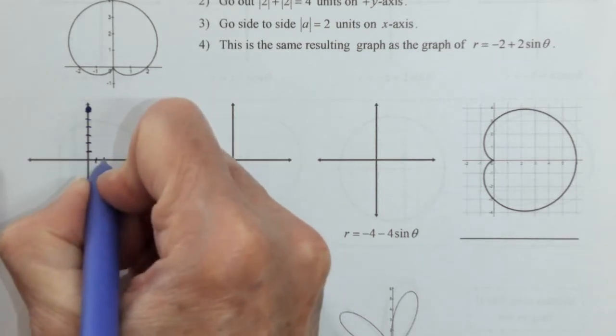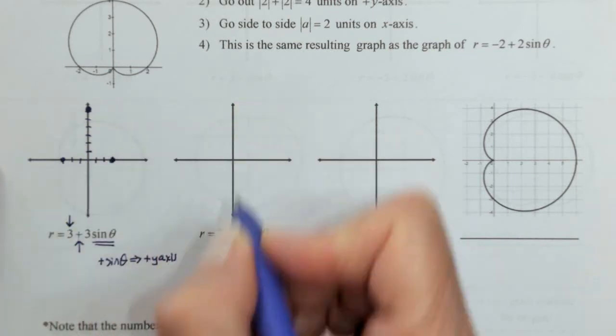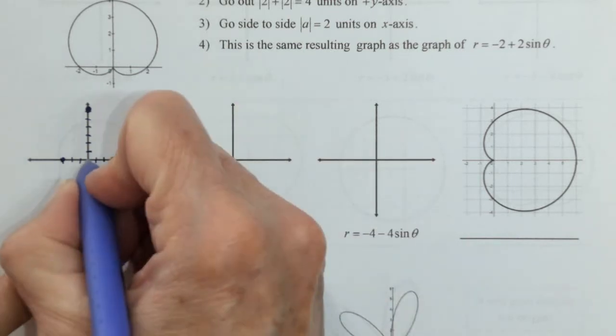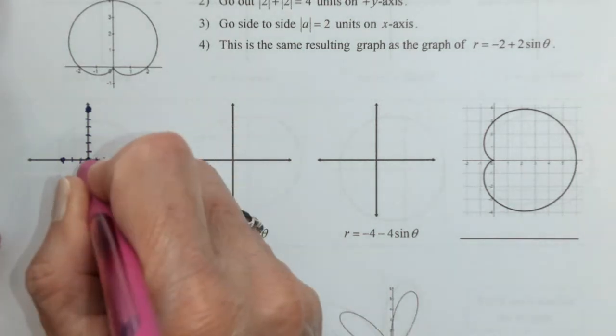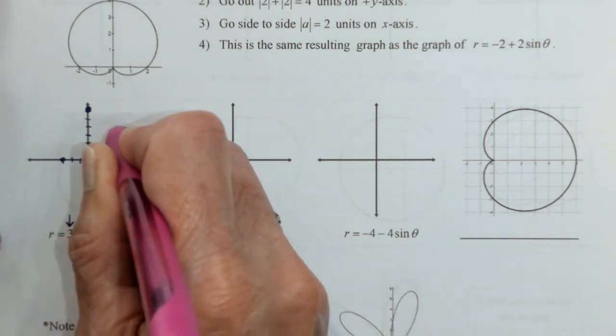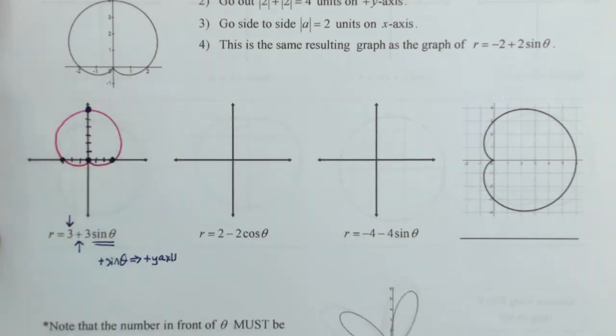So 1, 2, 3, 1, 2, 3, side to side. It is a cardioid, so we go through the pole and we connect this with a nice, smooth, full shape.